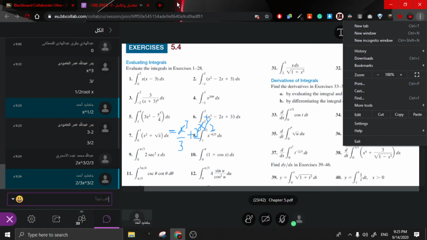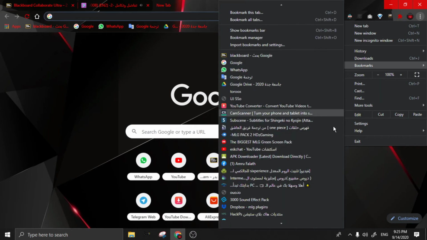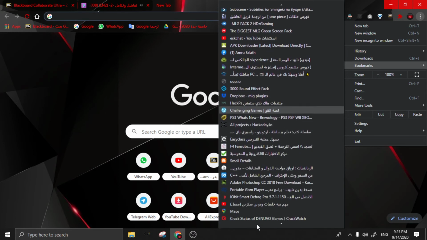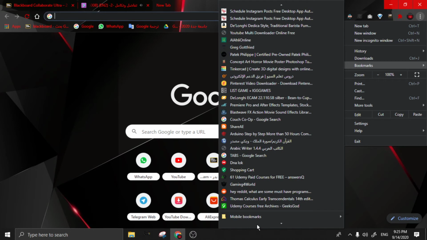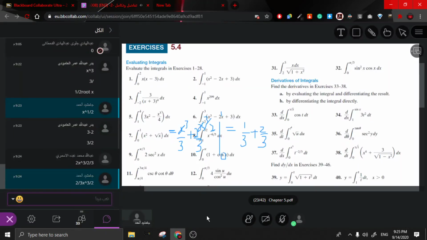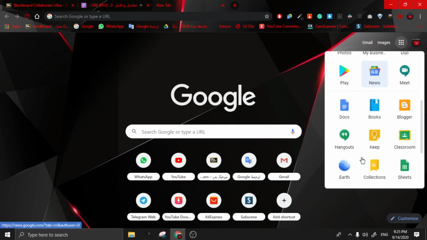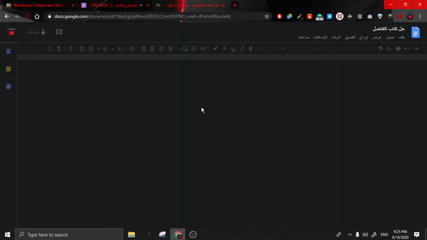So whenever we put upper limit 1 and lower limit 0, we get 1 by 3, because 1 power 3 is equal to 1. So 1 by 3 plus 2 by 3 is equal to 1.